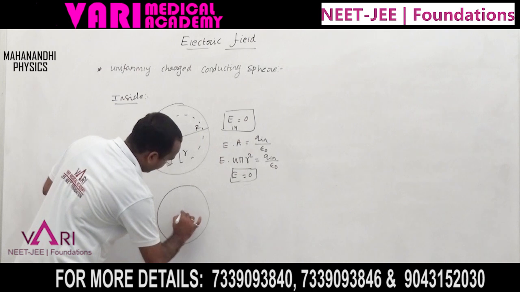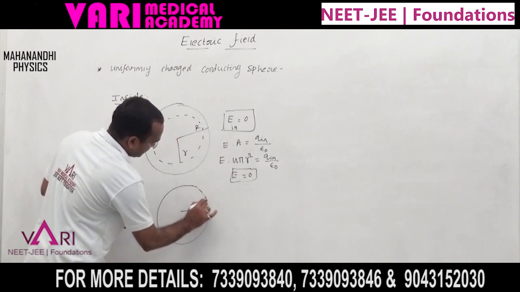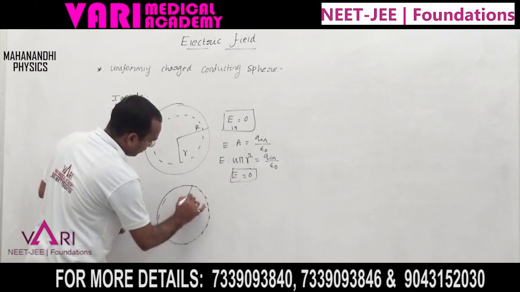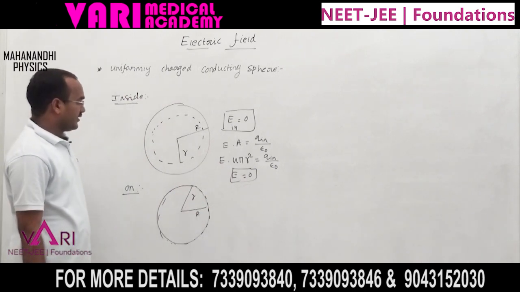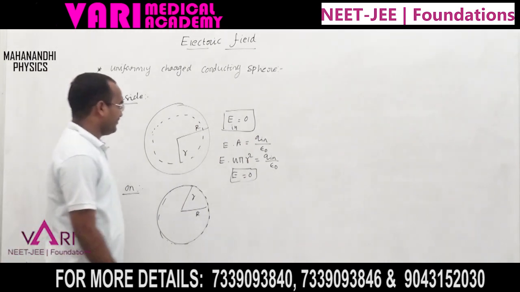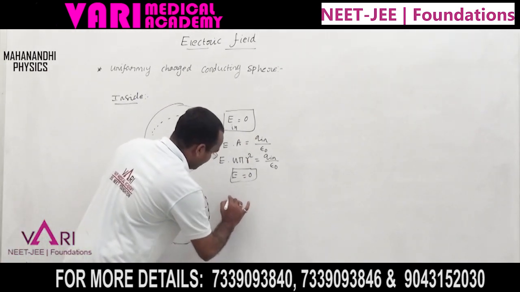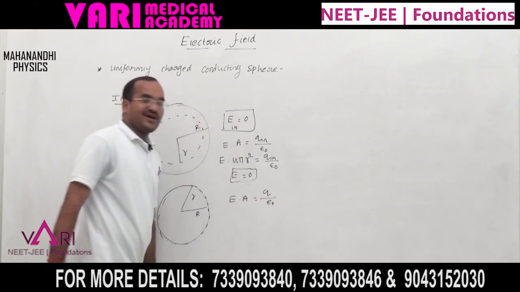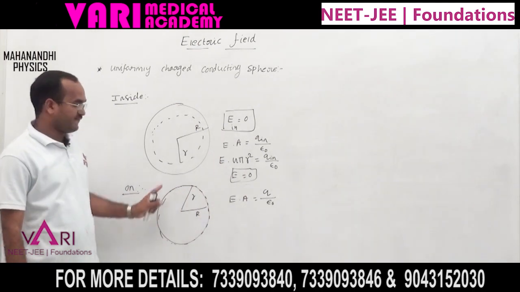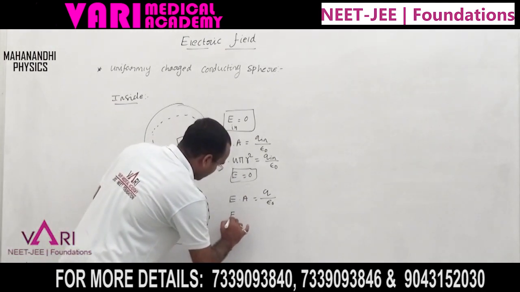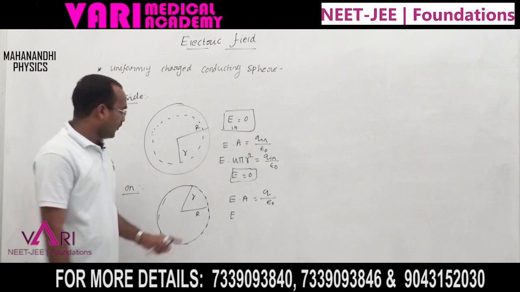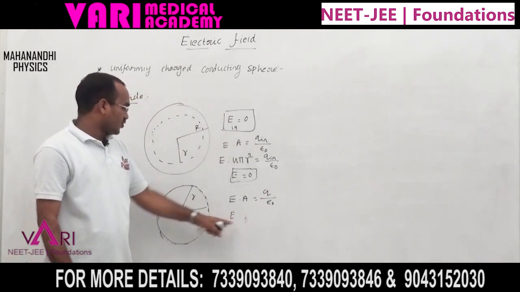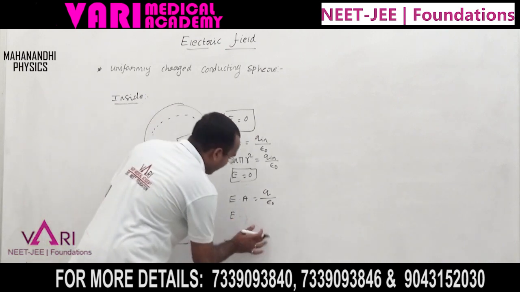Now on the surface. The solid sphere has radius capital R, and the Gaussian surface on the sphere also has radius R. By the same method, E into A equals Q by epsilon naught, where the charge is enclosed by the Gaussian surface and the area is 4 pi r square.